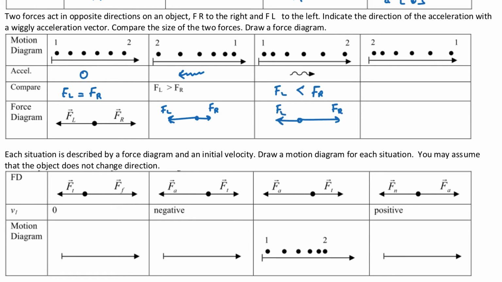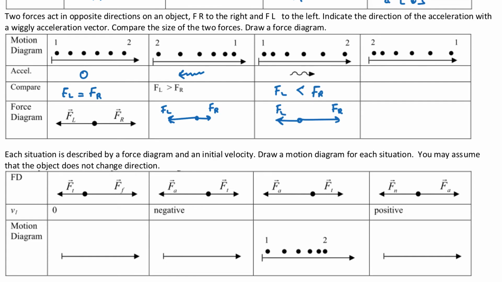Okay, for this one now, we are starting from here and moving in this direction, so our motion is to the left. In terms of our speed, we're slowing down because the spacing here is getting smaller.